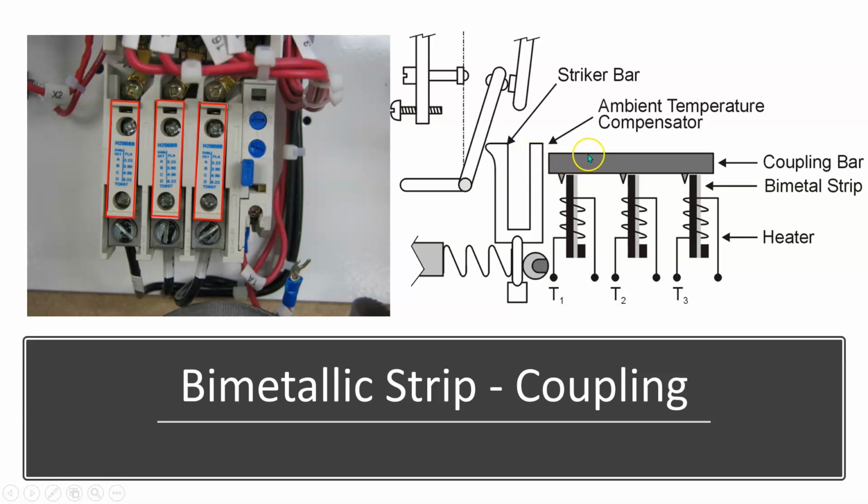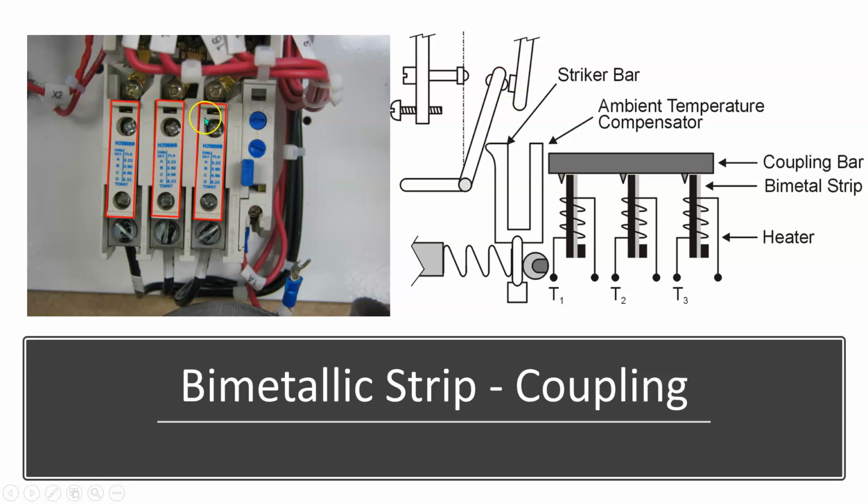But pretty much that coupling bar is going to hit the ambient temperature sensor, and it's going to hit the strike bar, which is going to open up these contacts here. Opening up those contacts is going to kill the coil, and it's not going to allow your motor to run anymore until the bimetal strip calms down, the coupling bar returns back to the original, and your normally closed contacts close again.